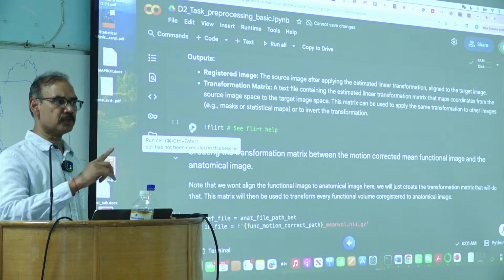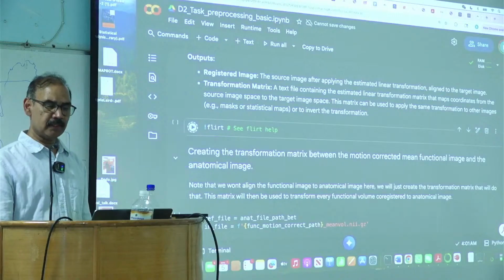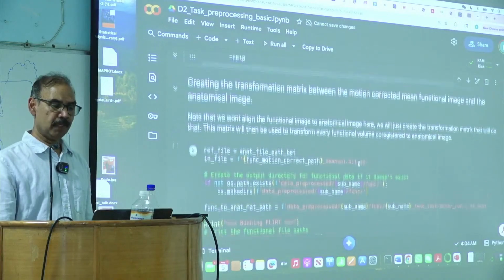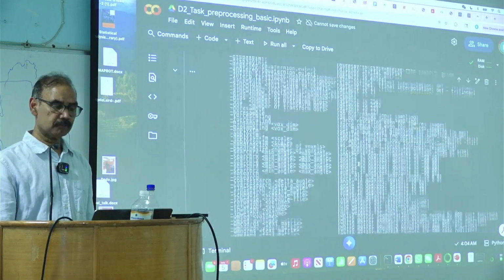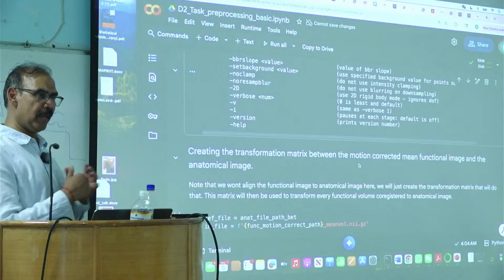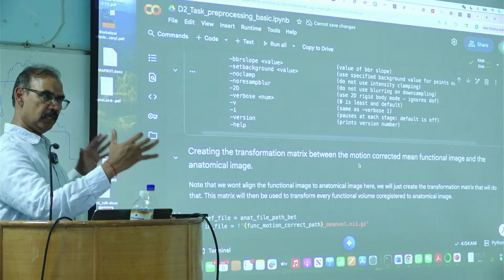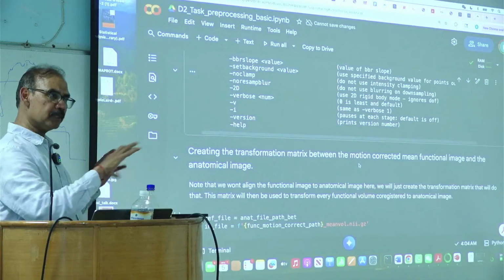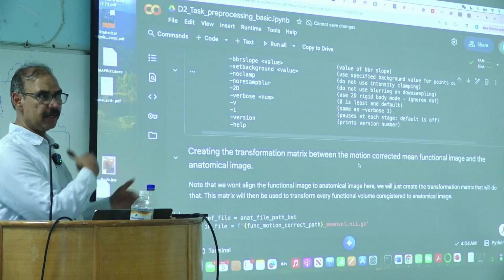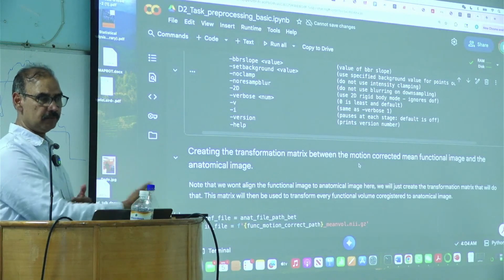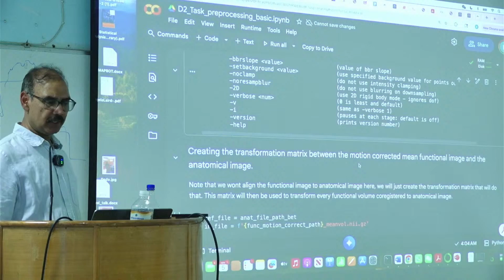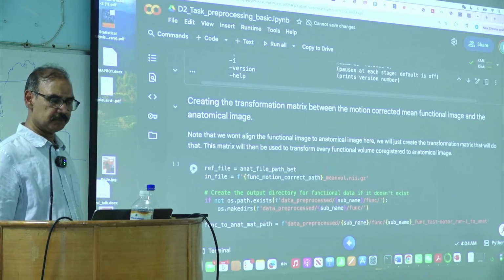So this is for the functional data. The next is we will do a registration between the anatomical and the functional, right? So first, we make sure that the functional data is good, right? There is not much motion. Then we compare the mean functional data with the anatomical data, and then do whatever registration is needed.